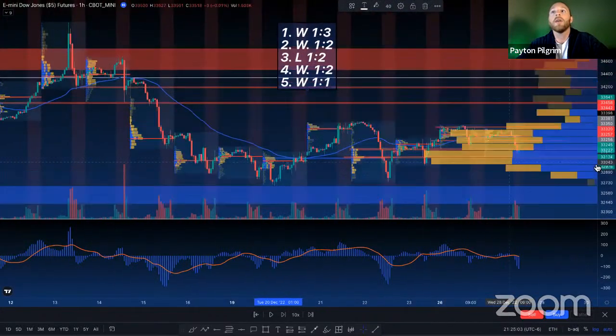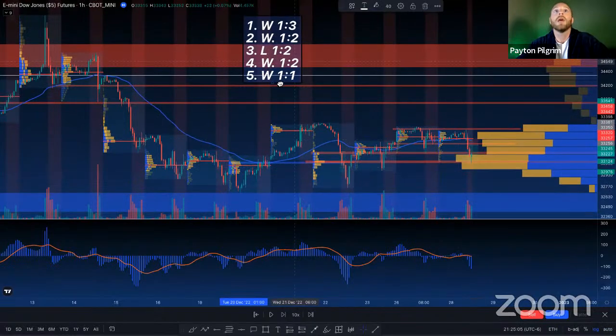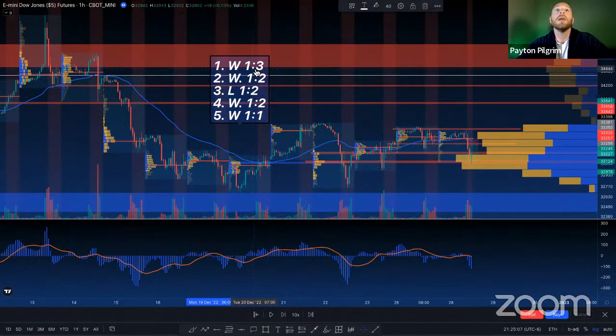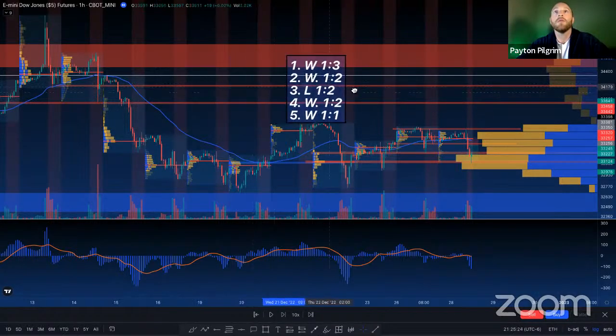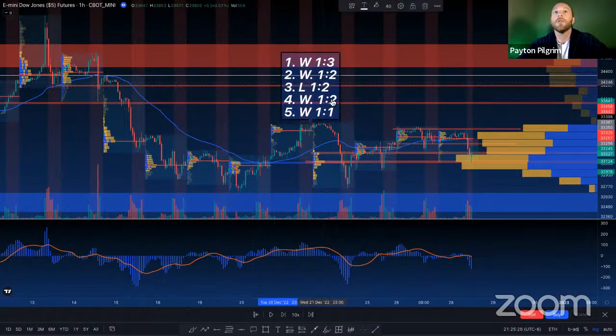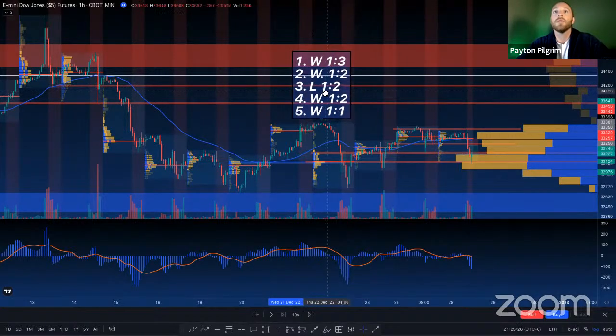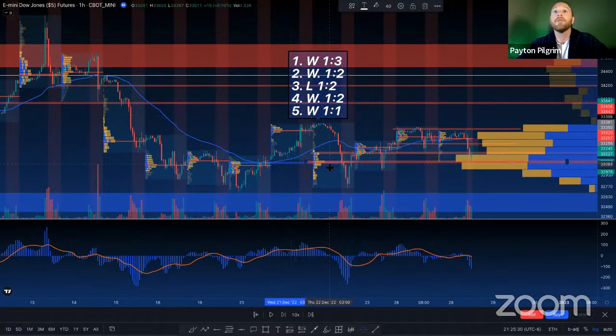Okay, we're 5 days in, and our P&L, profit to loss, is 1 loss and 4 wins. If we're doing 1% every trade, we're up 7% in 5 trades after 5 days.